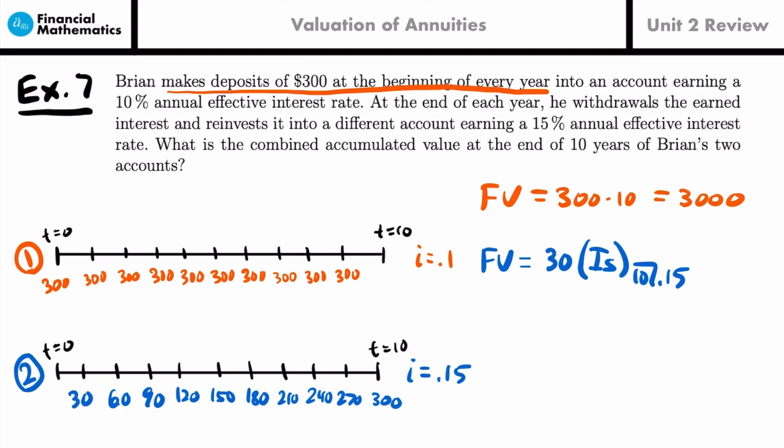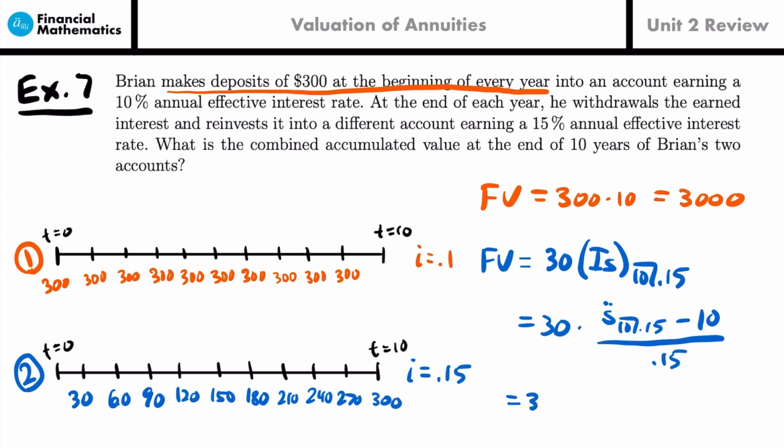So writing out the formula for this notation will give us that this is equal to 30 times (s̈_10 at 0.15 minus n, which is 10) divided by i, which is 0.15, but then we have to write out what this annuity due notation would be equal to. So let's do that.